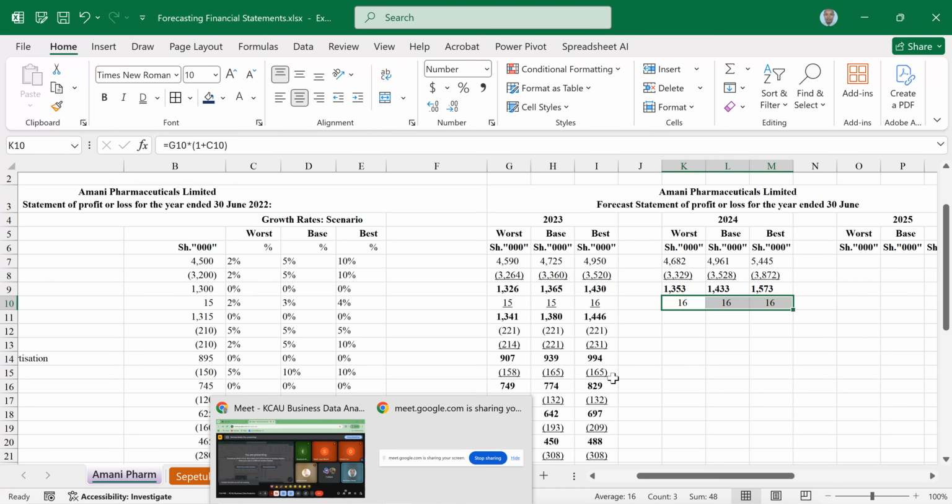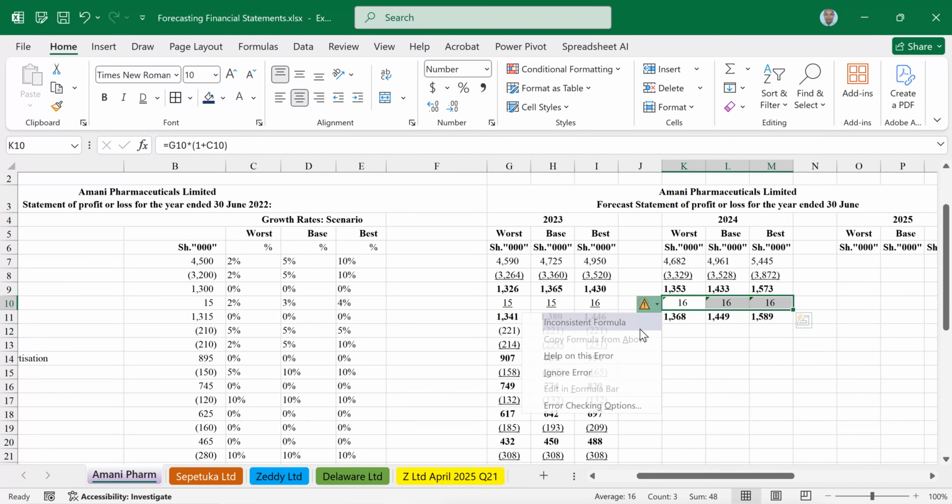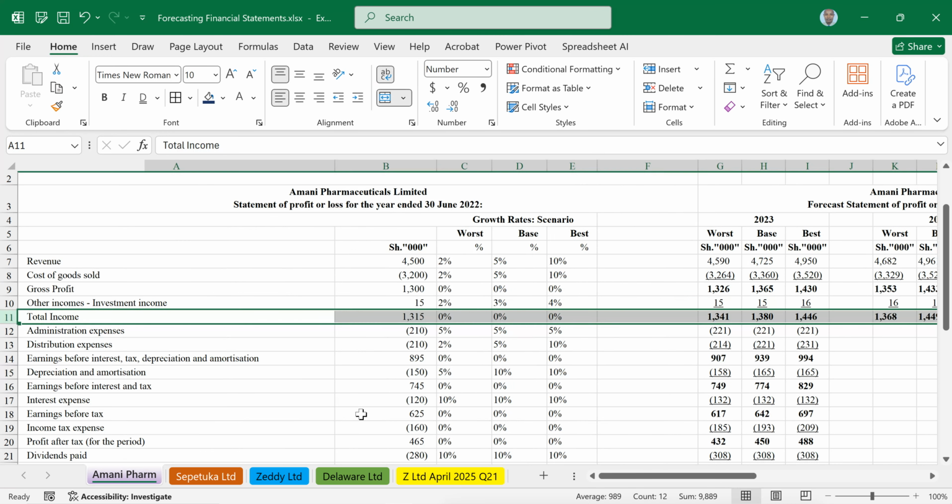This other one here is total. So just get the alt equal because we want the total. Because now you are summing to get some item. So this is the total of total income.